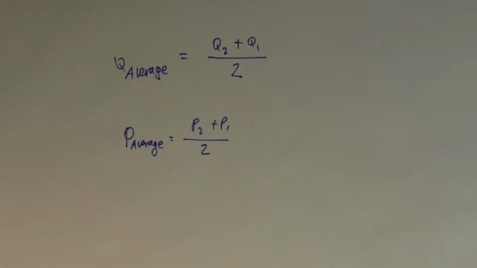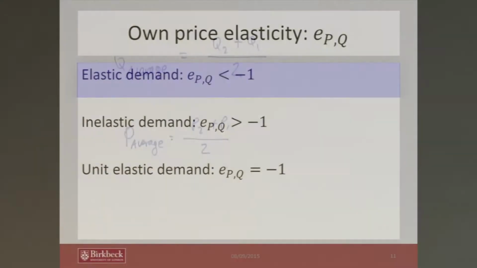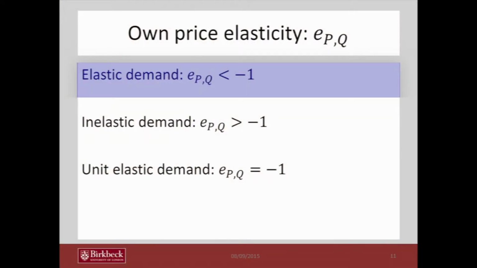One more important thing, and this is where the negative numbers come in: when you're talking about elastic, inelastic or unit elastic demand, then the own price elasticity is either bigger or smaller or equal to -1. So you will talk about elastic demand if the own price elasticity is less than -1.